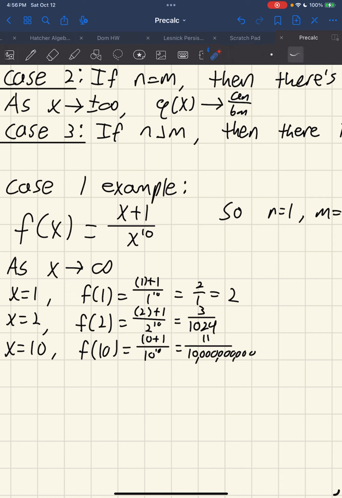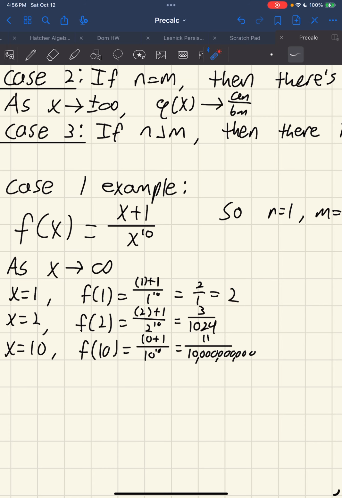So what I want to point out in an example that's really happening is as x gets larger, this x stops mattering at all. This x to the 10th just dominates this guy. It makes it so this guy stops mattering at all. And I chose these numbers so that it's a little bit more obvious that I didn't have to go very far to show that there's a big dip.